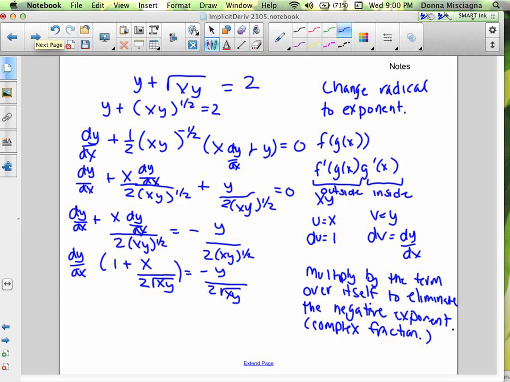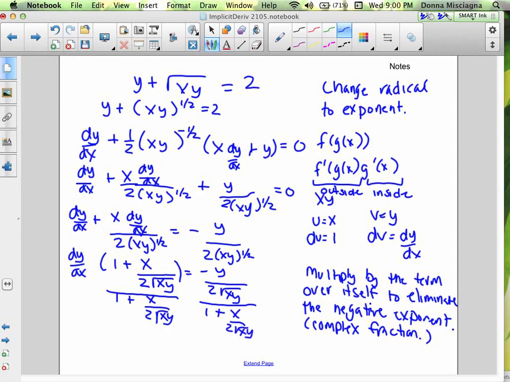All right, so now we're going to have to divide both sides by that, right? The worst part of this problem is just the simplifying, because we've got a complex fraction to deal with. All right, so that's divided by 1 plus x divided by 2 square roots of xy.